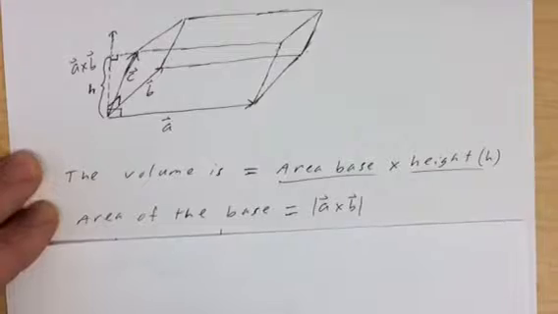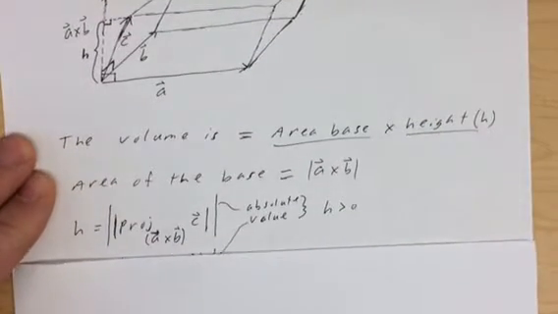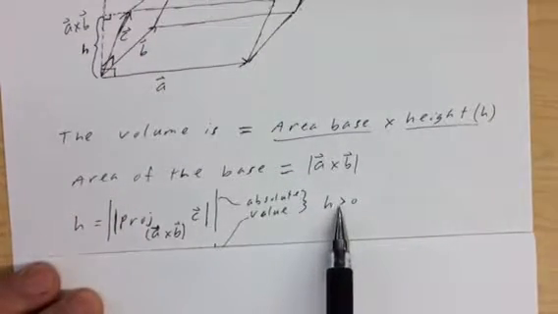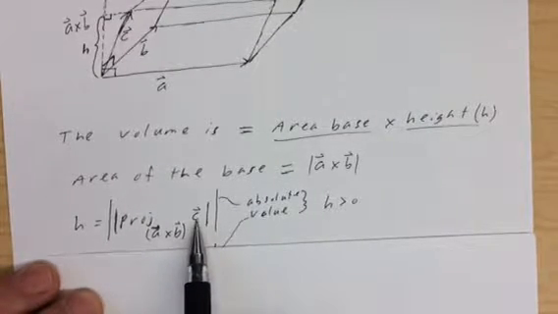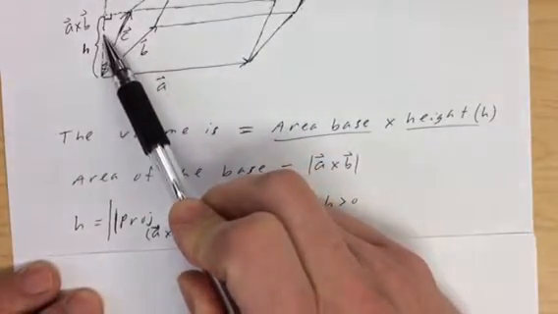Now, a projection can be positive or negative. We want the positive, so the height is the absolute value, because h needs to be greater than 0, of the scalar projection of c onto a cross b.